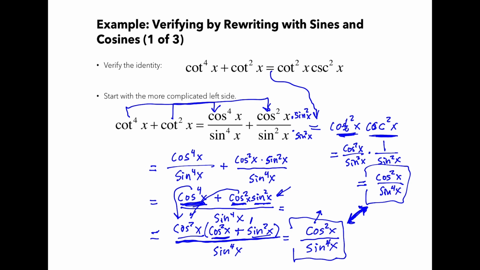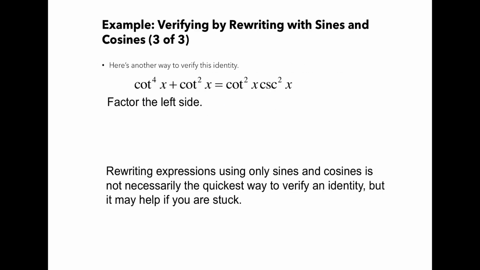So there are points where we might want to get the right-hand side equal to what we've simplified down to on the left-hand side. The goal is to make one side equal to the other side. There isn't always just one way of doing it either.